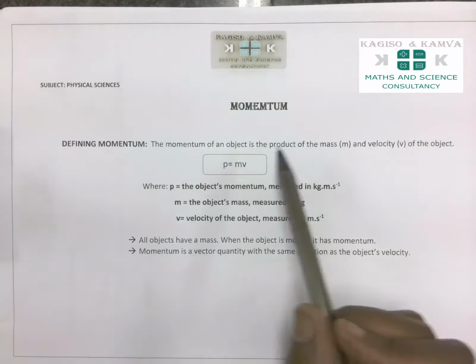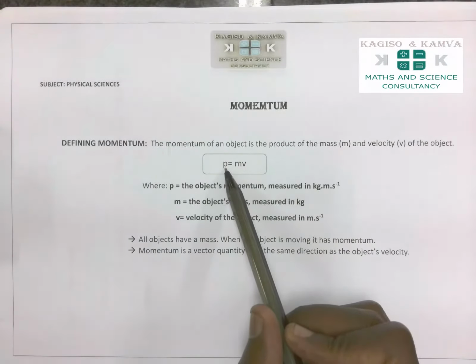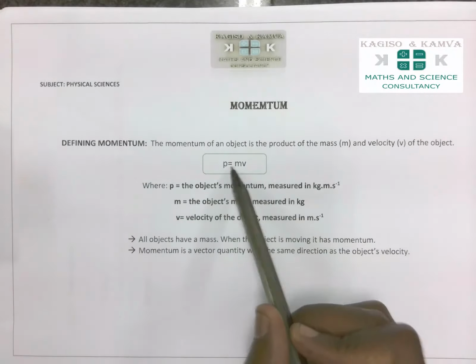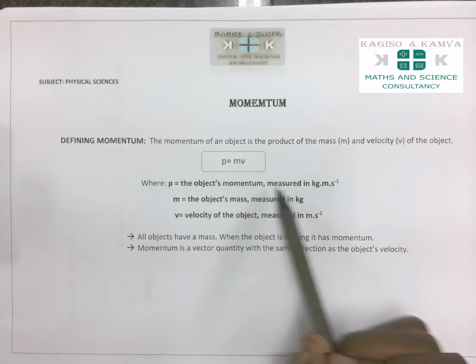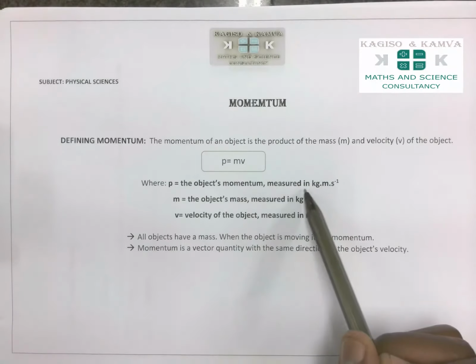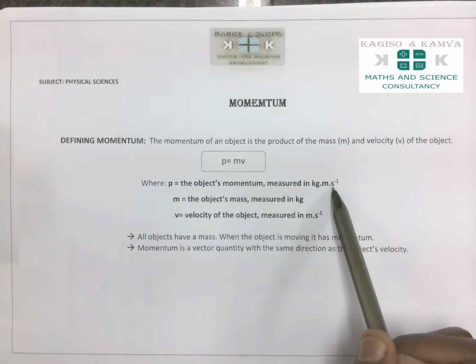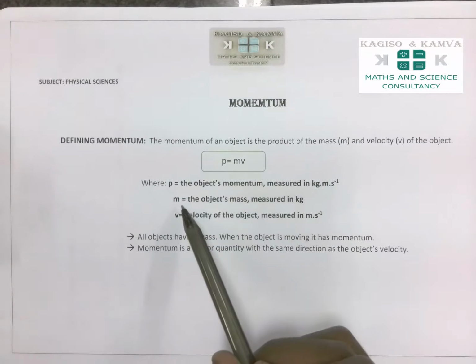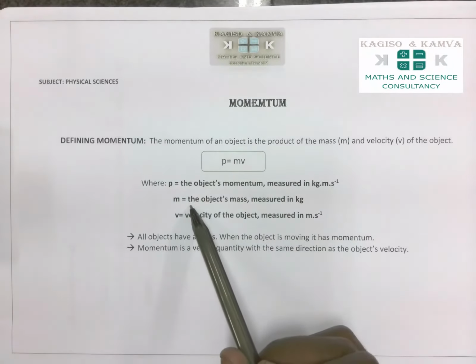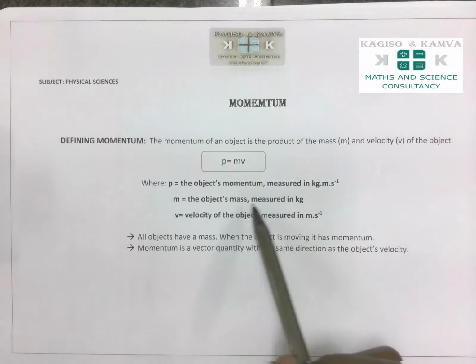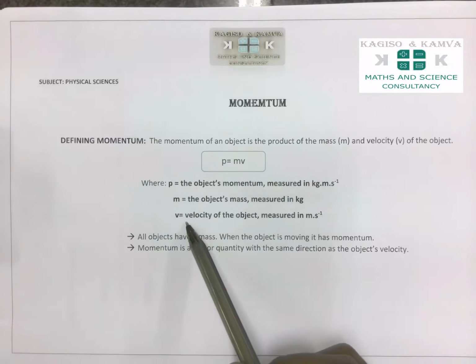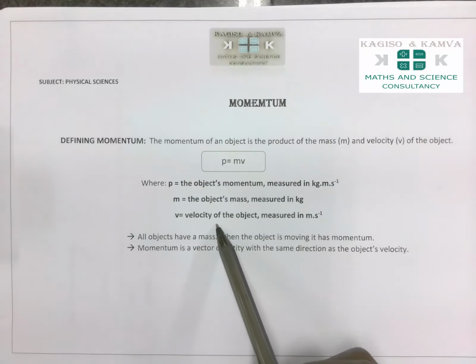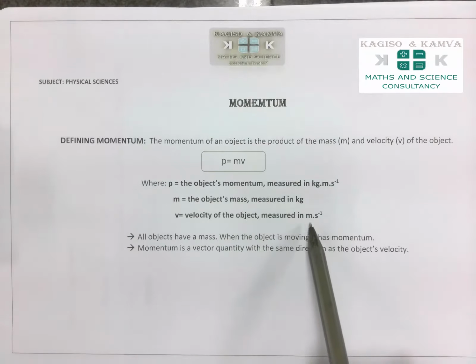So in symbols, P, which denotes momentum, is equal to mv, where P is the object's momentum measured in kilogram meters per second, m is the object's mass measured in kilograms, and v is the velocity of the object measured in meters per second.